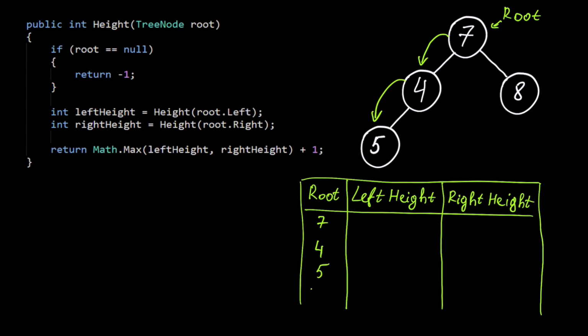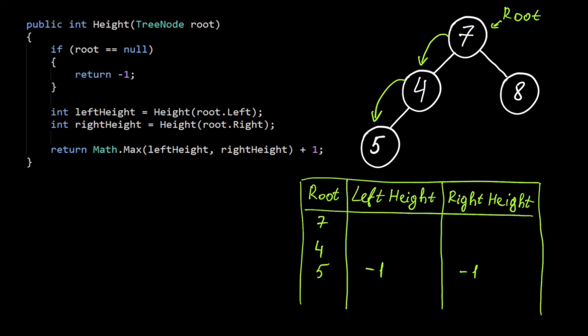We call the height function again, passing the left child of node 5. The left child is null and the function returns -1. Node 5 gets -1 from the left side. We continue the execution and call the height function with the right child of node 5. The function returns -1, so node 5 gets -1 from the right side as well.